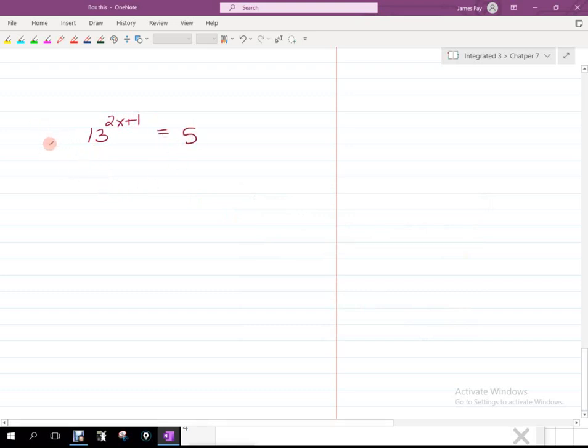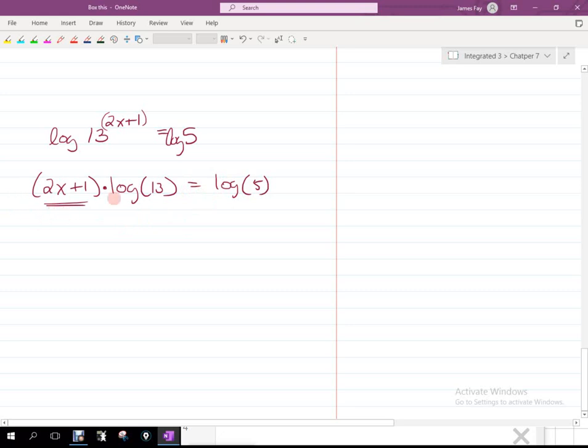If I take the log of both sides, so log of this side, log of that side, I can bring the 2x plus 1 out front. And when this is a quantity, it's a sum or a difference, I always put that in parentheses just to remind myself that when I do that, this whole thing is being multiplied by log 13.